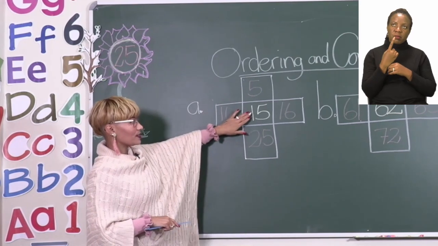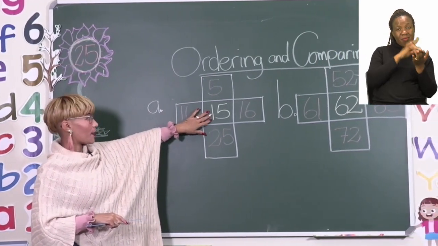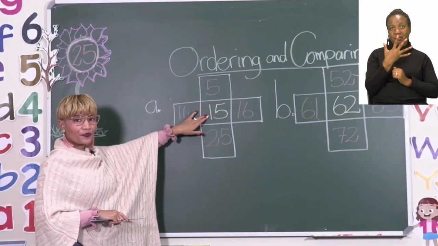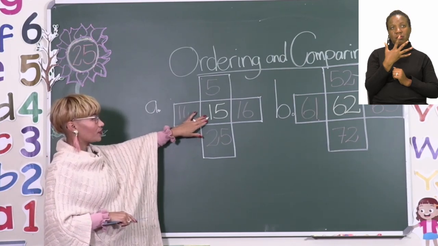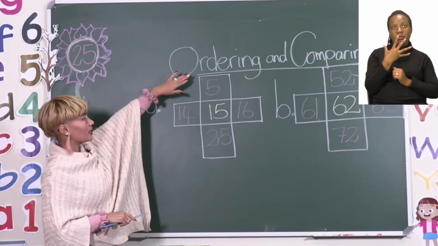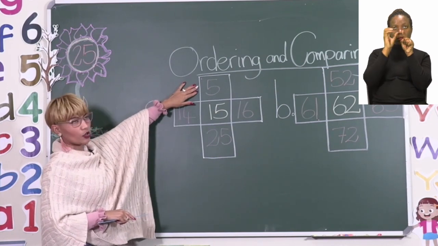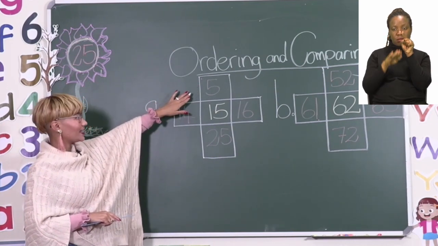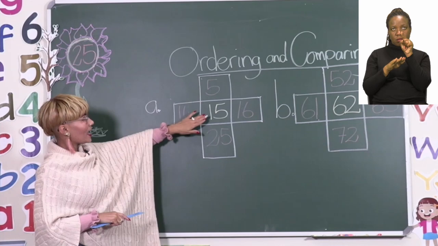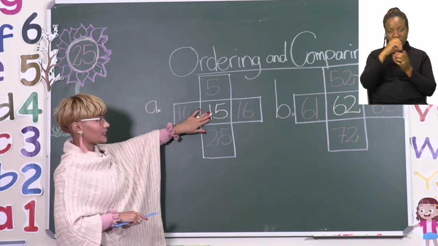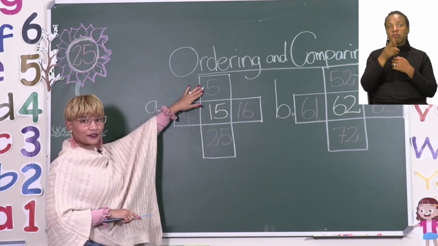So the number that we got was the number 15. If we fill the block on top, we have to fill in 10 less. And 10 less than 15 is 5.